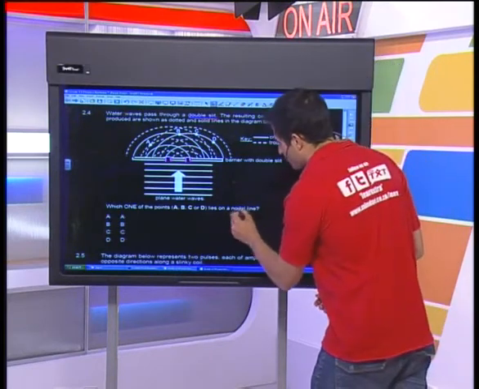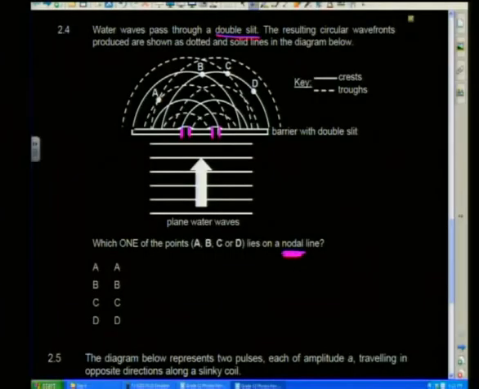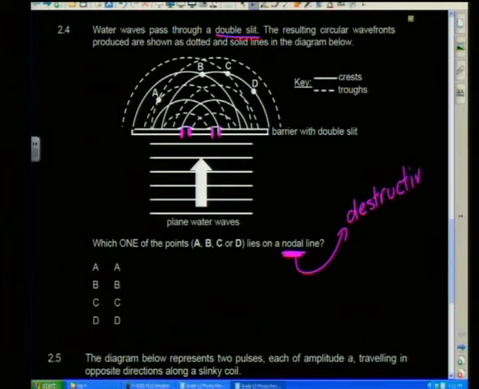So this word nodal, I've got to be very careful that I understand and remember what nodal actually means. If I remember from grade 10 and from grade 12, I know that nodal means where there is destructive interference. So what I've got to do is find a place where destructive interference is going to take place.